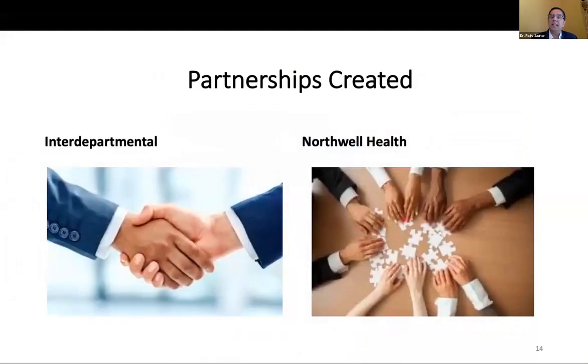If there's any silver lining, it's that we created a lot of partnerships, interdepartmental with the Department of Medicine, as we redeployed our physicians. We redeployed 72 physicians, about half of whom were cardiology fellows, to ICUs and inpatient hospital areas.